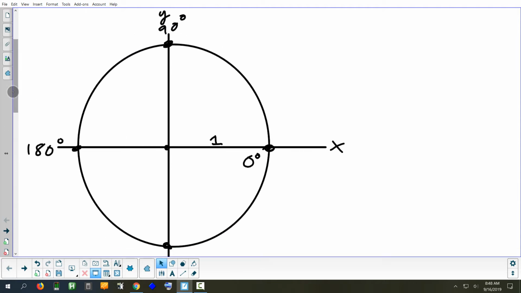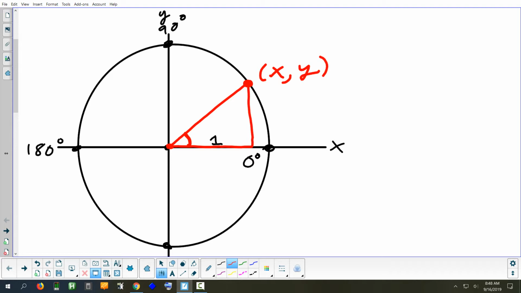So let's say I'm going to pick something here, and let me do a different color. So you started rotating around the circle, you stopped here. There's an angle right there. We don't know what it is. But to get from the origin, you'd go over this much and up that much.